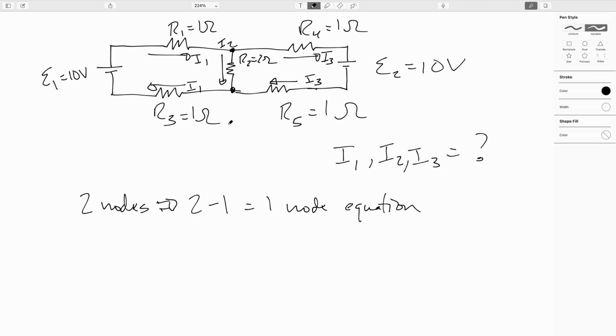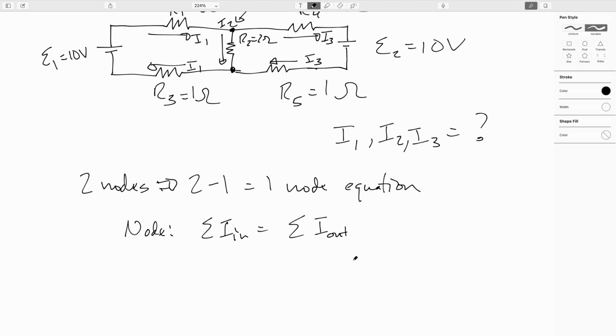It doesn't matter which node I pick, they're going to be the same. So let's do it for that node up there. For our node equation, we are going to have the sum of the currents in equal the sum of the currents out.